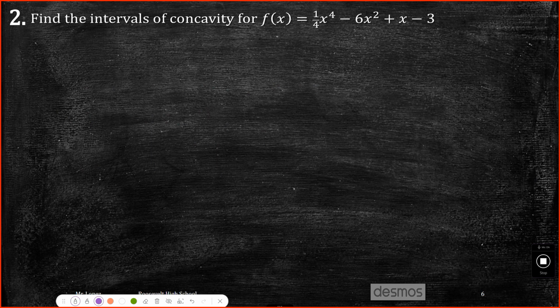What do we need to do here? How many times do we take the derivative? All the way to the second derivative? What did it say about where it is concave?